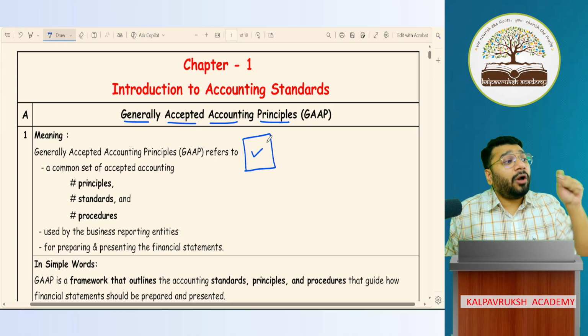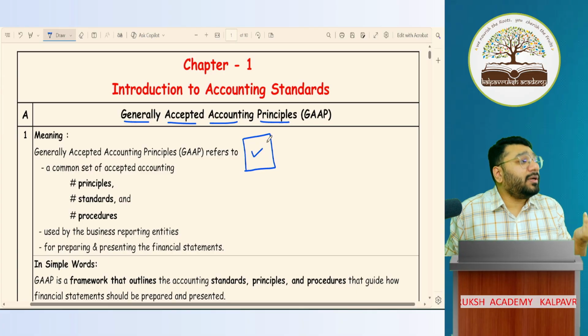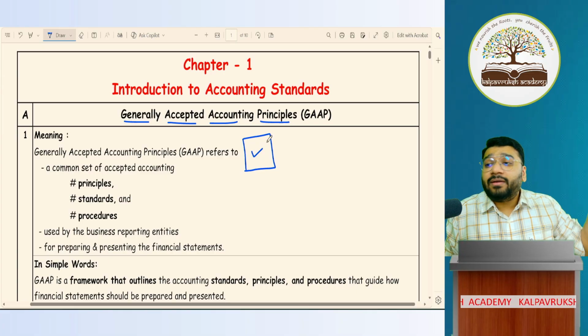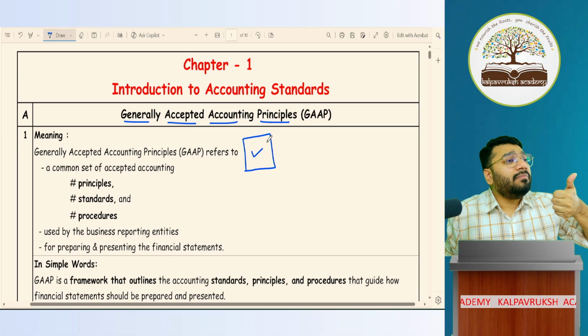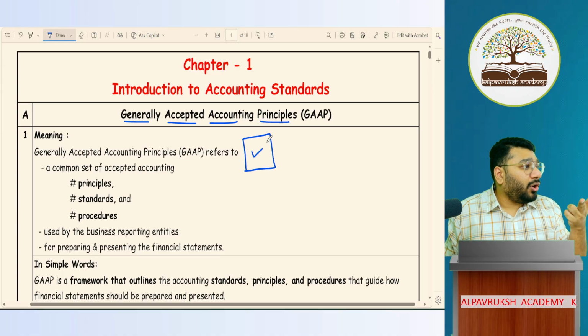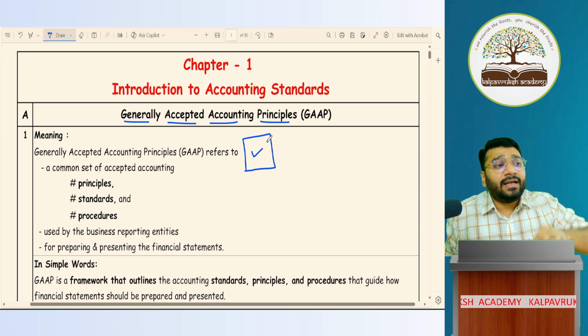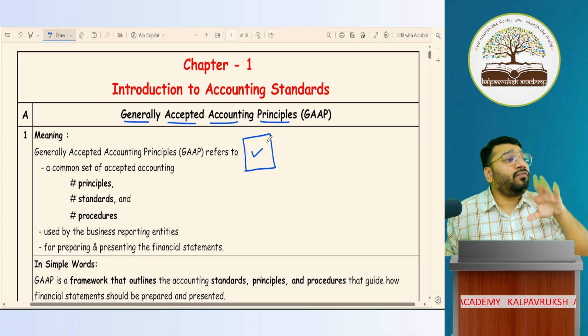Sir, why is GAAP not telling us to do this or do that in particular? GAAP cannot say that because every country has its own legal environment, business environment, and economic environment. So no country can say that this is the accounting standard that everyone has to follow.